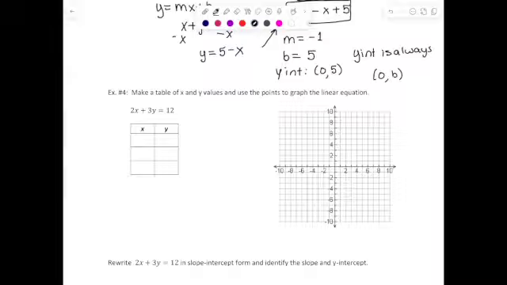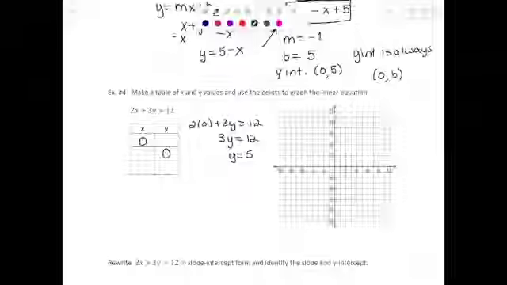Therefore, you only need 2 points to graph a line. So if we plug in 0 for both of these, we'll get our 2 points, and then we can graph the line. So plugging in 0 for x, we get 2 times 0 plus 3y equals 12. This is just 3y equals 12, which then indicates y equals 4.